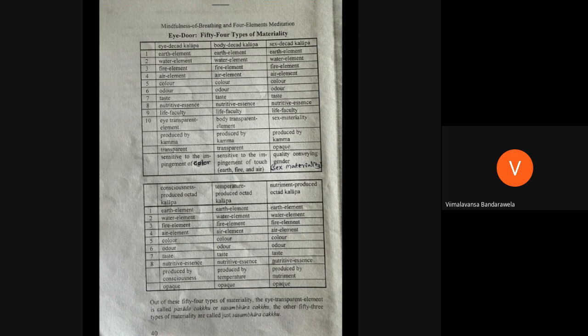That means Chakku Pasada as a 10th factor within the Rupa Kalapa, a group of 10. And then you have Kaya Dasaka Kalapa, Kaya Pasada Rupa as a 10th factor in the Rupa Kalapa. And then you have Bhava Dasaka Kalapa, that is the sex materiality as a 10th factor in the Rupa Kalapa. And then you have Jivita Navaka Kalapa, life nonad Kalapa.